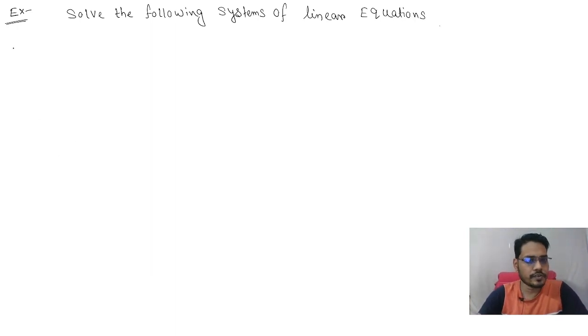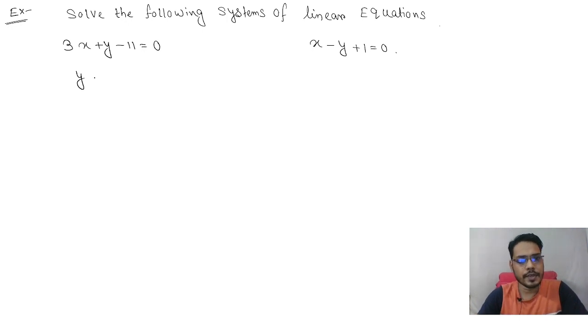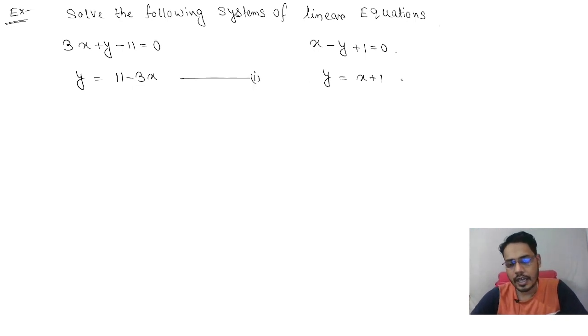So first it is given, 3x plus y minus 11 is equal to 0, and x minus y plus 1 is equal to 0. From the first equation you can say that y will be 11 minus 3x. Now second equation, y will be x plus 1. This is equation number 1 and this will be equation number 2.